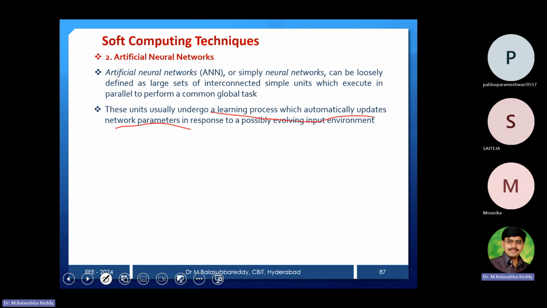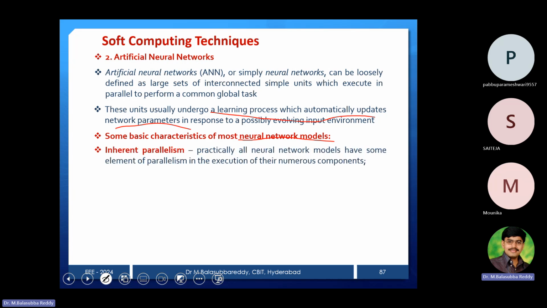Suppose, as I said, the human brain: once it learns by experience, after that an update process takes place. Each parameter is updated by an iterative process, or by experience, you can say. Then some basic characteristics you can see in the artificial neural network.